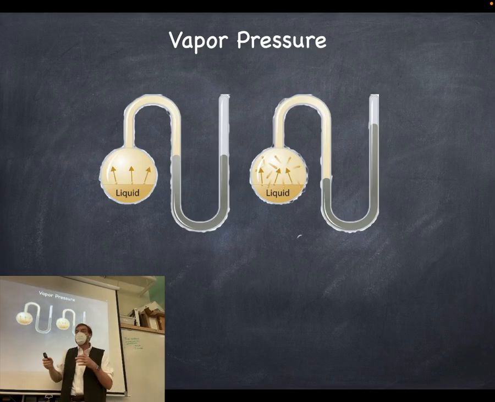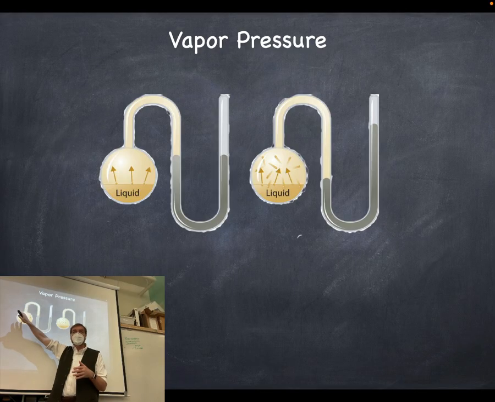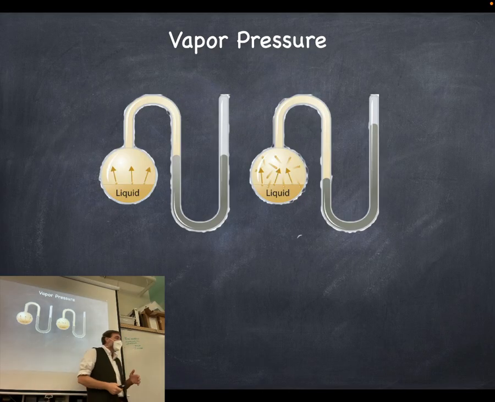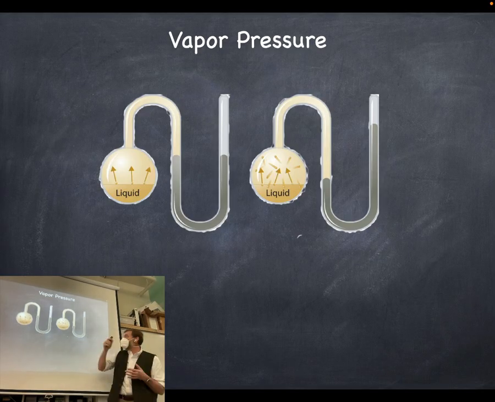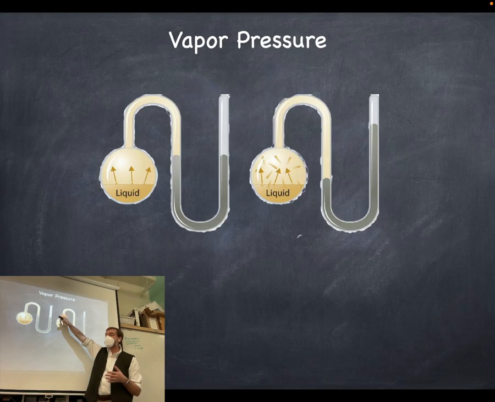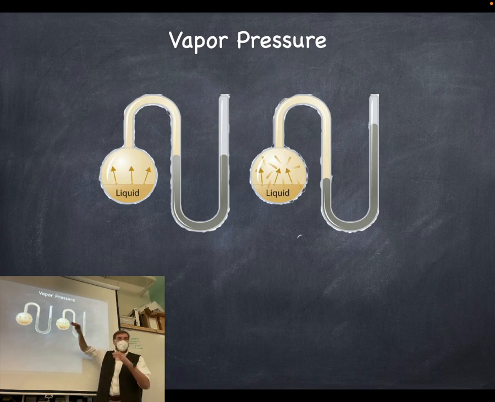As the number of gas particles builds up inside here, some of the gas particles hit the surface of the liquid and condense. So now I've got a process where I've got gas particles leaving the liquid and gas particles coming back. At some point, the number of gas particles leaving and the number of gas particles coming back balance out. And functionally, the amount of liquid stops changing.